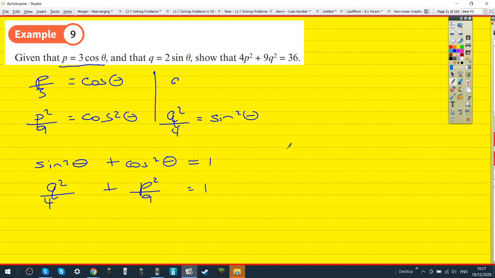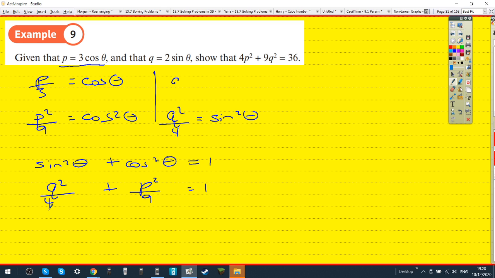So now would you sub in for 3 cos theta? No. Times everything by 36. So it would be 36q squared. Well, what is 36 divided by 4? 36 divided by 4 is 8, I think.